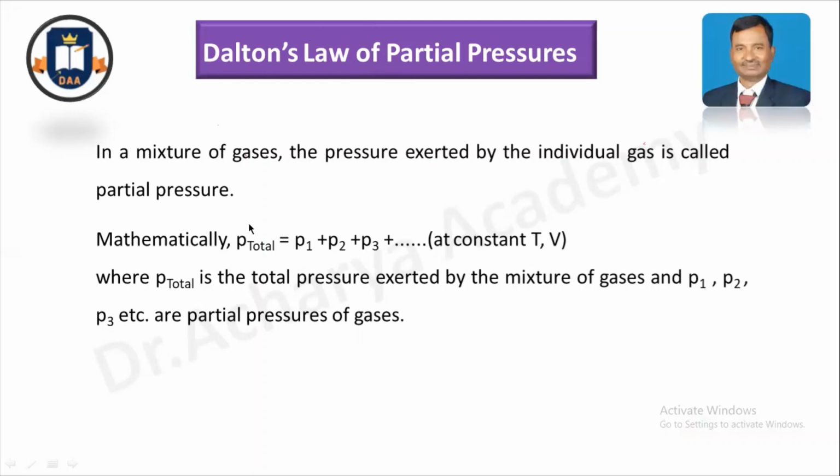When you write some pressure calculation, we have to write that temperature and volume are constant in this case. P total is the total pressure exerted by the mixture of gas, and P1, P2, P3, etc. are the partial pressures of the gases. So this equation is the mathematical form of Dalton's law of partial pressures.